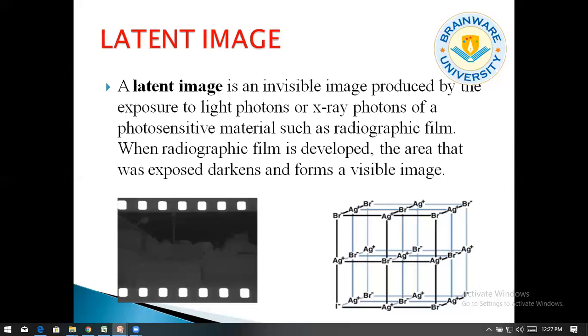So a physical change occurs when the radiograph is exposed. When X-ray photons or visible light photons strike the silver bromide crystal in an emulsion layer, an amount of silver ions are formed on the surface of the crystal, and bromide is liberated and absorbed by the gelatin of the emulsion layer.